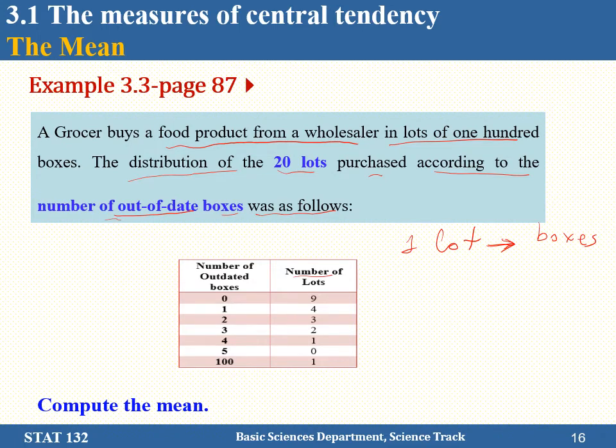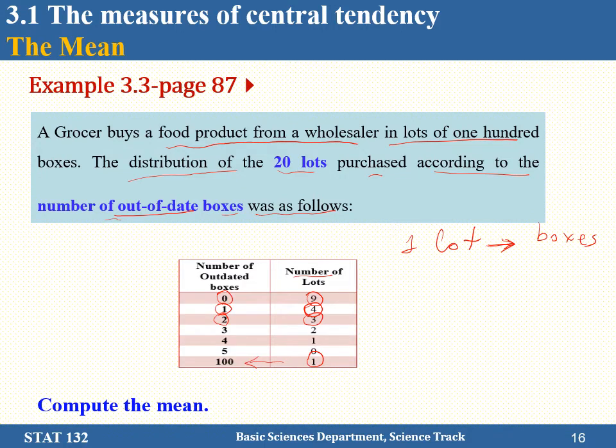So this table says in 9 lots we have 0 outdated boxes. In 4 lots, we have 1 outdated box, and in 3 lots we have 2 outdated boxes. So the question here is, in one lot, we have 100 of them, all outdated boxes.